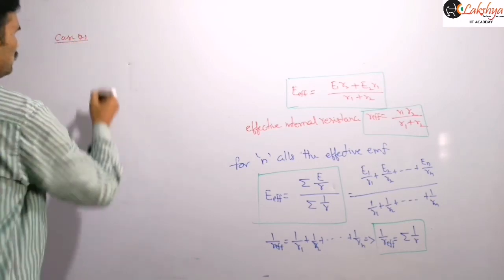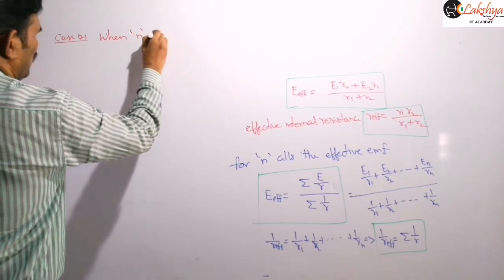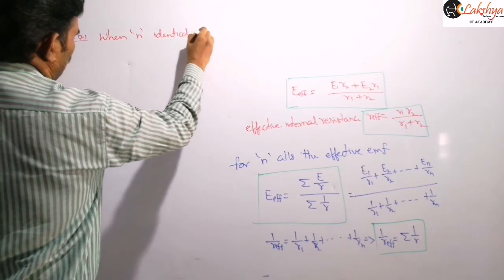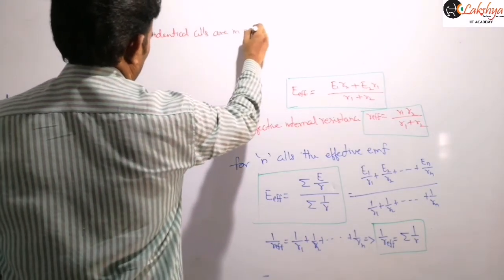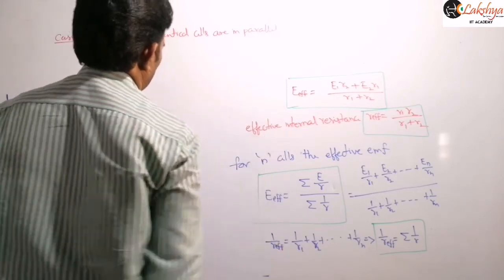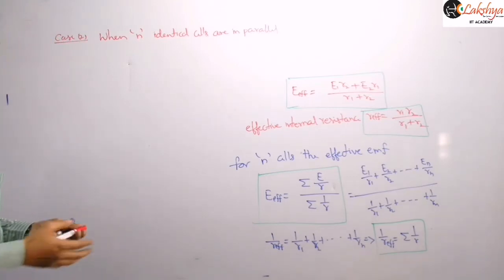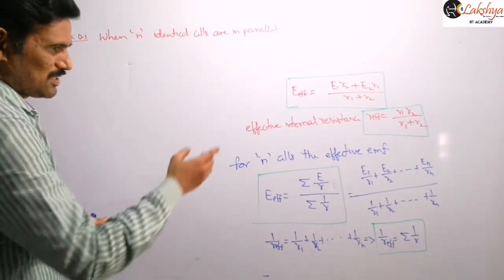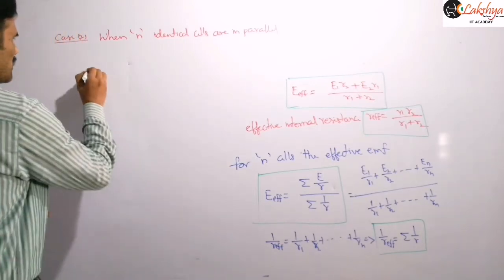Case 2: when n identical cells are in parallel. Directly I am applying this formula. Identical cells in parallel means we can apply the same expression here.